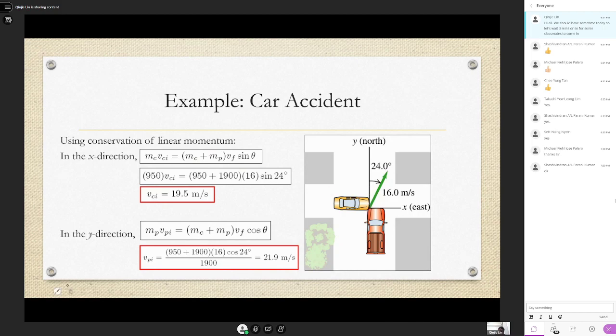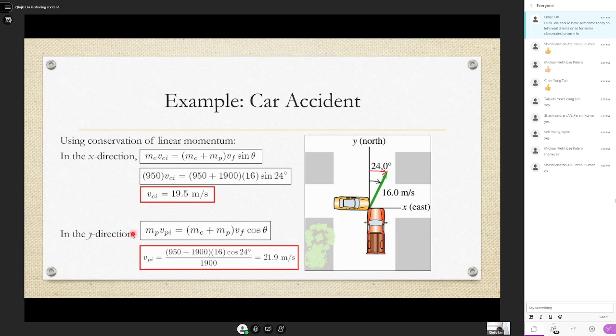Theta is 24, so sine theta is here, opposite. Then you substitute all the values inside. You realize that by taking the x direction, you can already find the initial velocity of the car. So we get 19.5 meters per second.